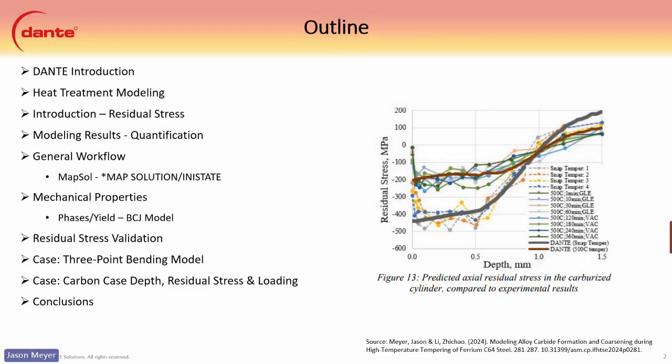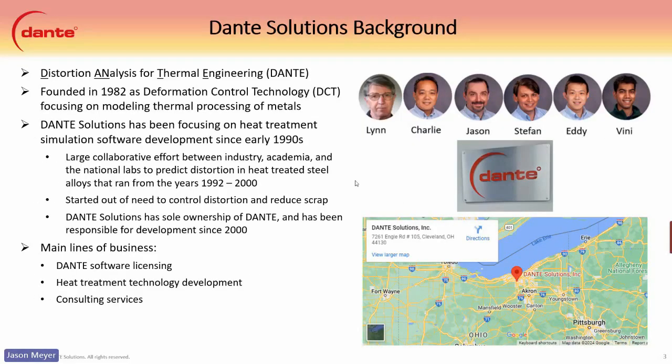We also will talk a little bit about mechanical properties and residual stress validation. And then we'll have a couple case studies where we show how we actually employ the residual stress mapping, and some conclusions.